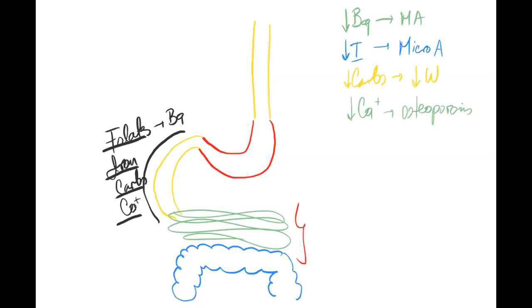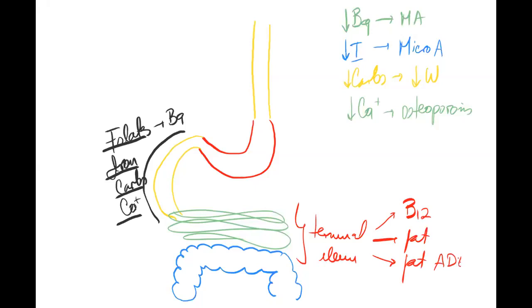The terminal ileum is going to absorb the B12, the vitamin B12, the fat, and the fat-soluble vitamins, the A, D, E, K. So if we get decreased absorption of vitamin B12, we are going to see in the patient a macrocytic anemia, a megaloblastic anemia.